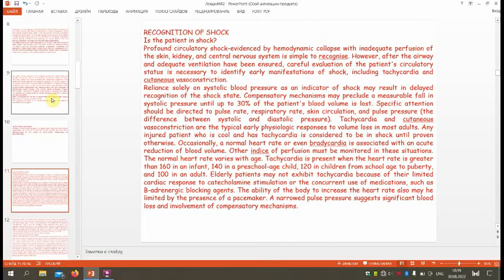Elderly patients may not exhibit tachycardia because of their limited cardiac response to catecholamine stimulation or the concurrent use of medications such as beta-adrenergic blocking agents. The ability of the body to increase the heart rate also may be limited by the presence of a pacemaker.